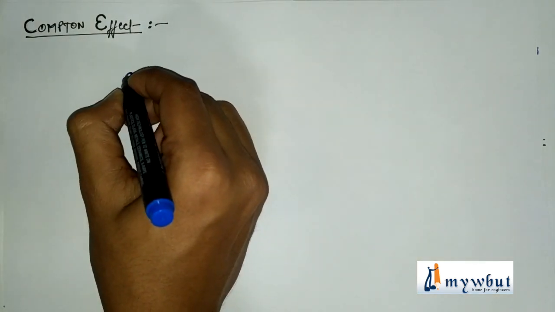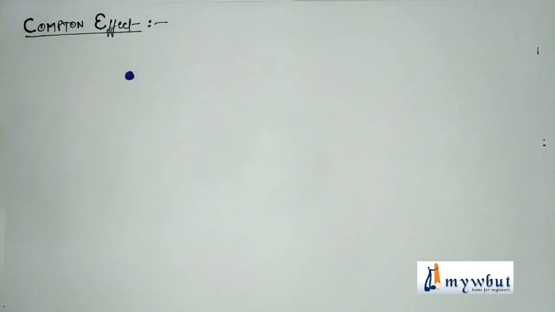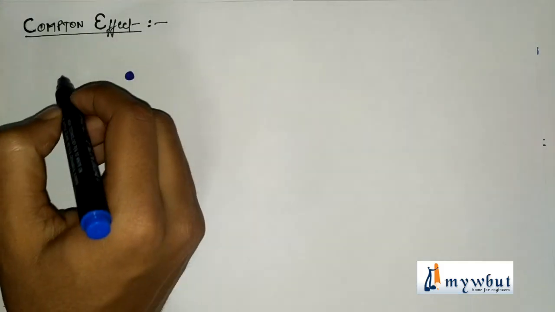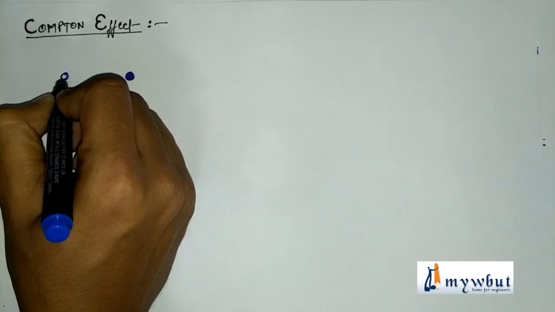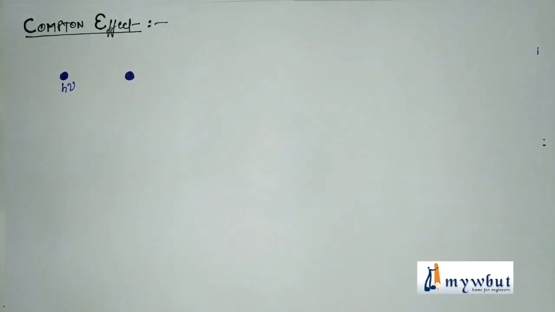So now let us start with the last and final topic, that is Compton effect. So basically the idea of Compton effect is very simple, that is transfer of energy and momentum. So if this is a particle, when a photon of high energy, let this be the photon of high energy, the energy let it be h nu, collides with the free or loosely bound electron of the scatterer in the experiment.